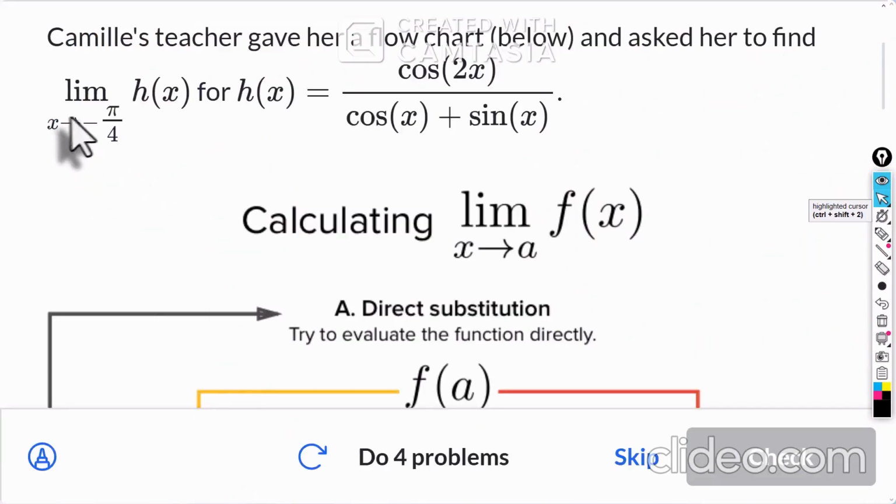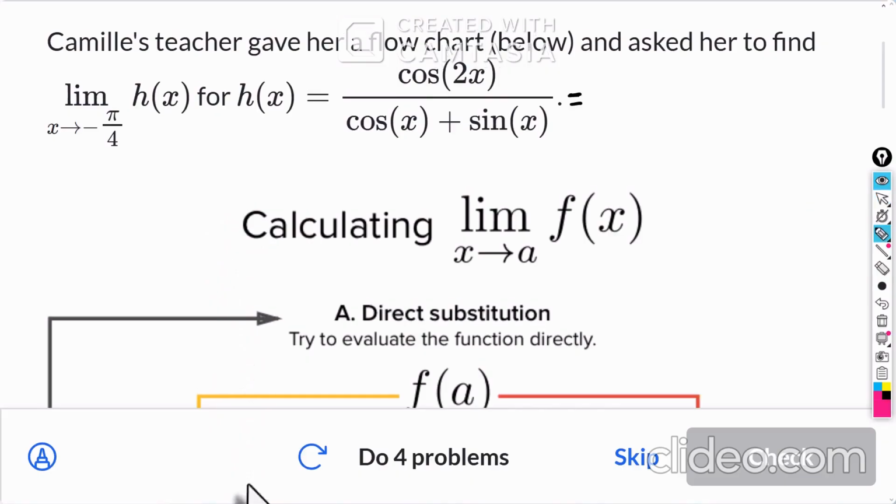All right, so here we have the limit as x approaches negative pi over 4 for this function right here. I'm pretty sure it's going to be 0 over 0, but let's plug in negative pi over 4 just to make sure. All right, so we're plugging in x equals negative pi over 4 wherever you see an x. In the numerator, it's going to be cosine of 2 times x.